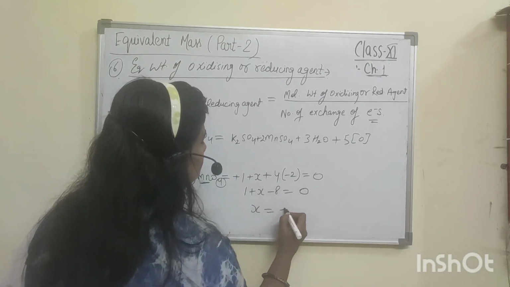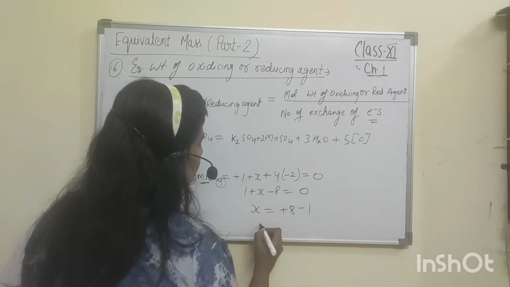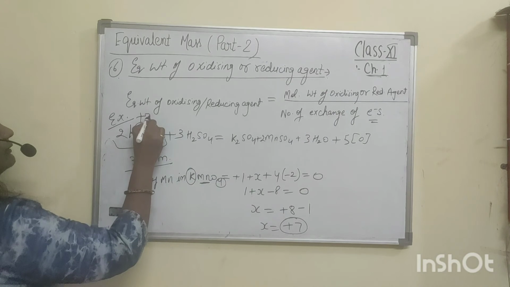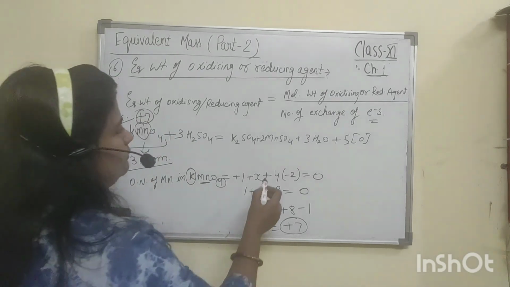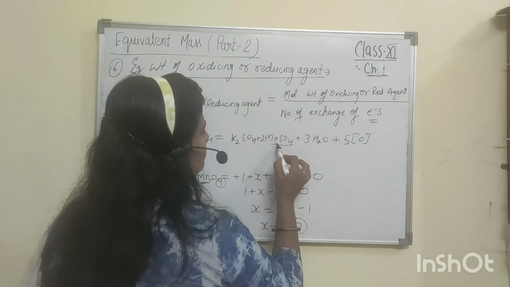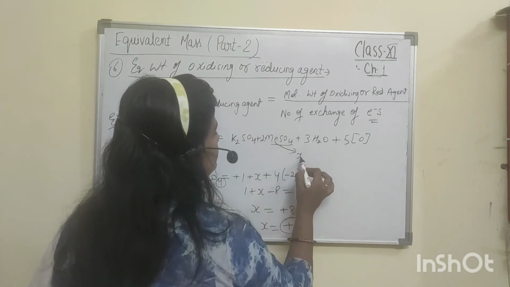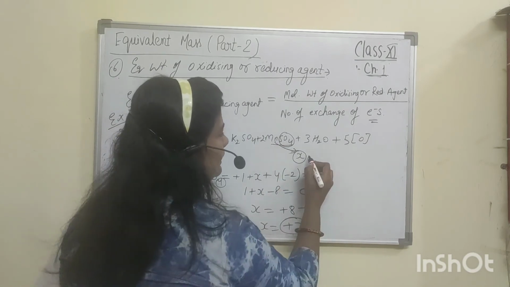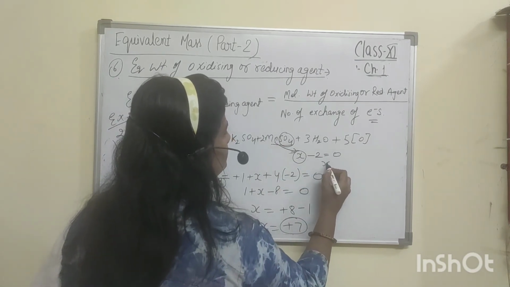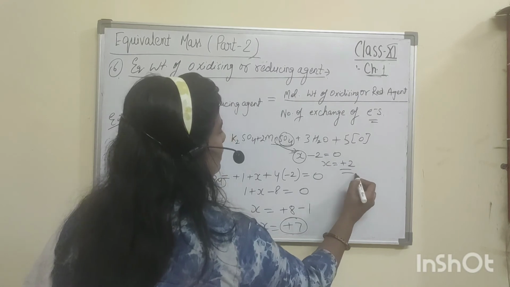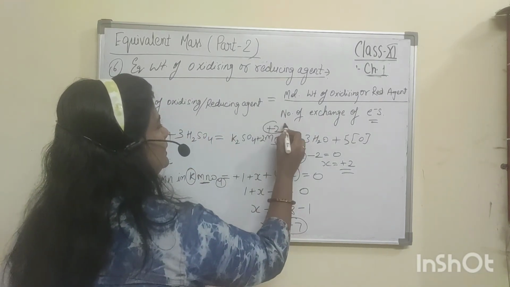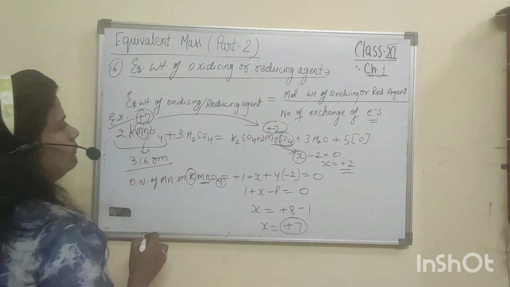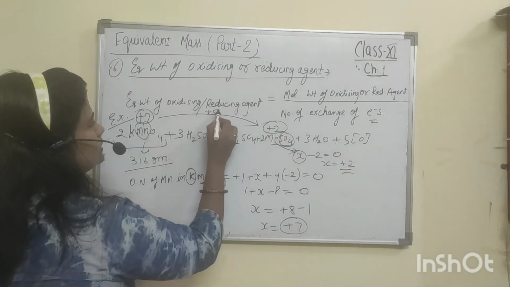Therefore x is equal to 8 minus 1, x is equal to plus 7. So here plus 7 is the state. Now we calculate the oxidation state of Mn in MnSO4: x plus sulfate, which has valency minus 2, is equal to 0, so x is equal to plus 2. It means Mn is in the plus 2 oxidation state. So it goes from plus 7 to plus 2 by accepting 5 electrons.